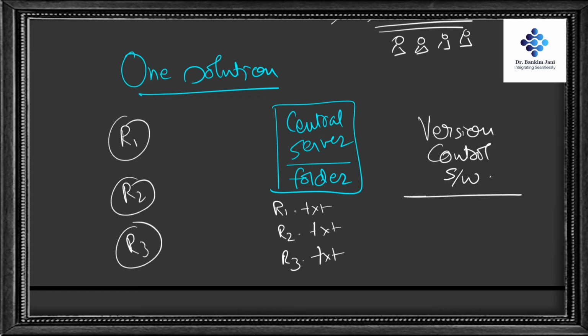Version control software. Now say GitHub, which gives you software as a service. They give this service both free as well as paid, and both are there, and it's like an open source software.